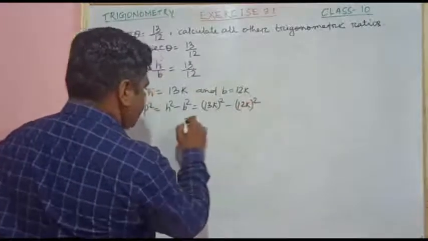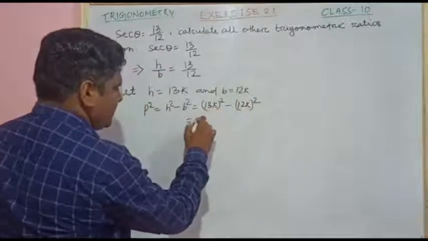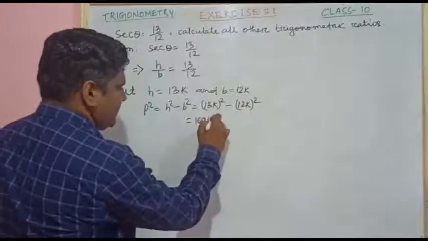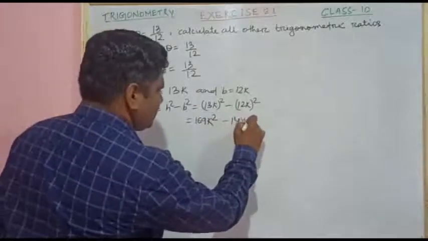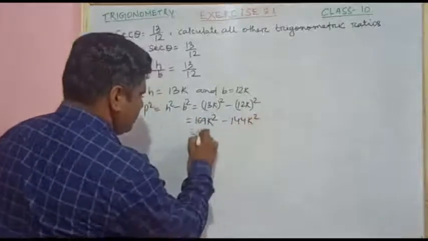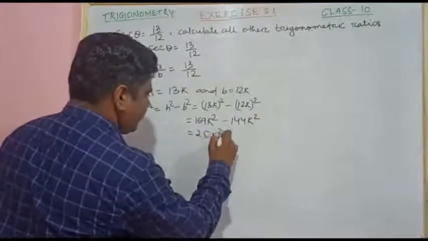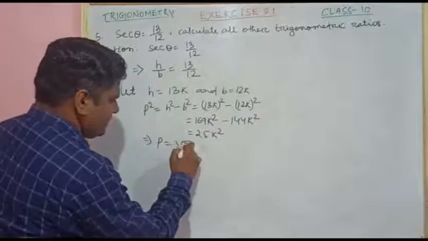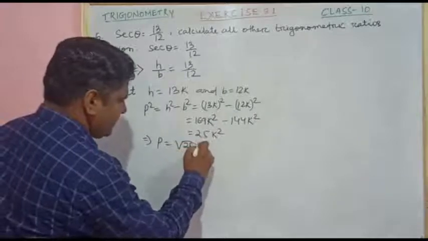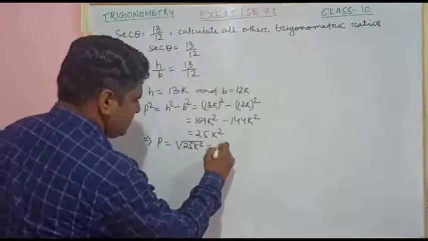it's square. 13 square is 169 and K square is K square minus 144K square, it will be 25K square. So this implies that P equal to root over of 25K square is 5K.